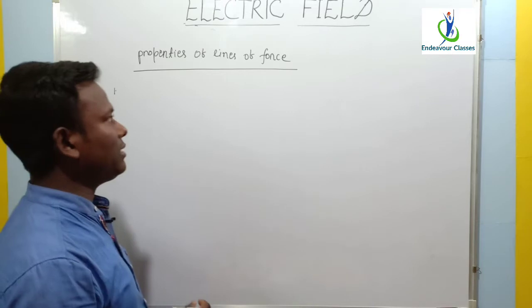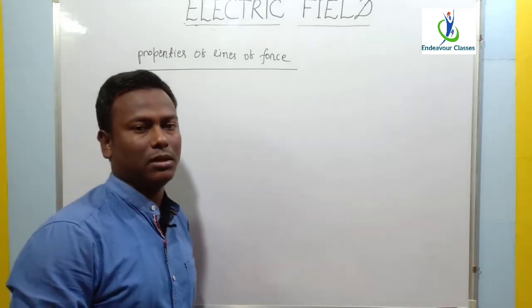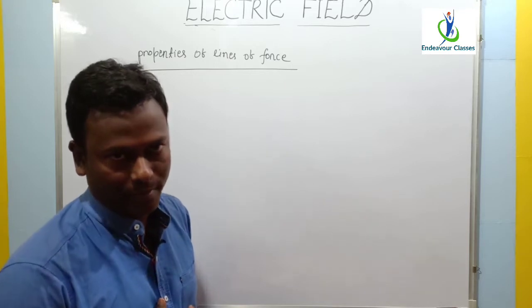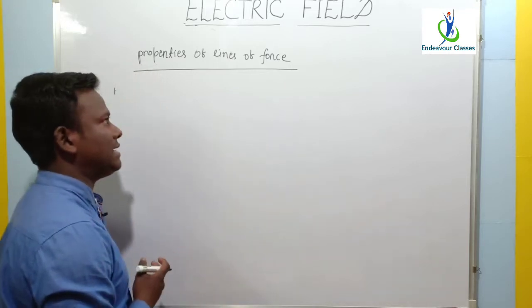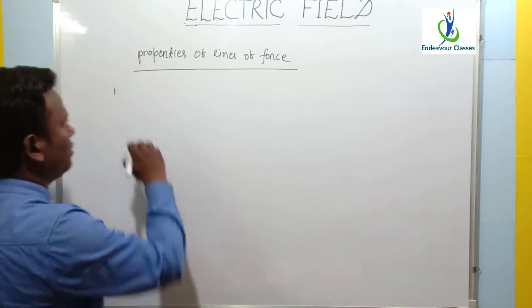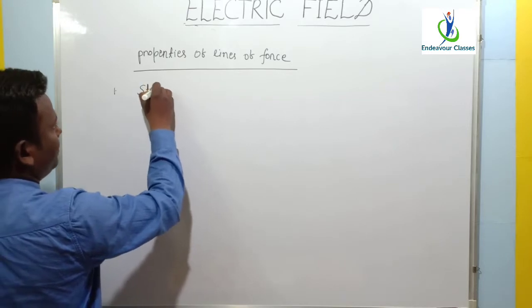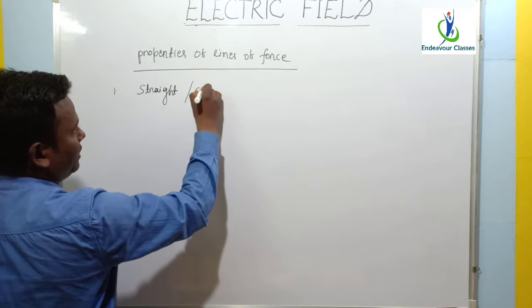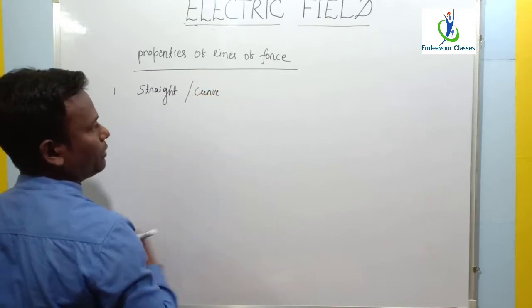So the first, definitely, the lines of force are the lines which represent the electric field. The first property is they can be straight or curved. The lines of force can be straight lines or they can be curved lines also.